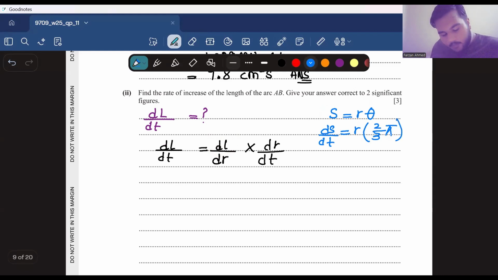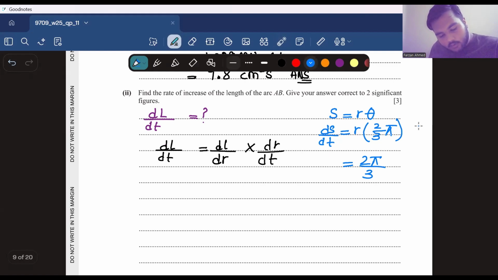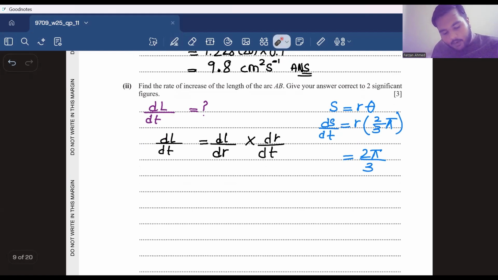So when we differentiate, this will be 2 pi over 3. In the place of ds, I am taking dl.